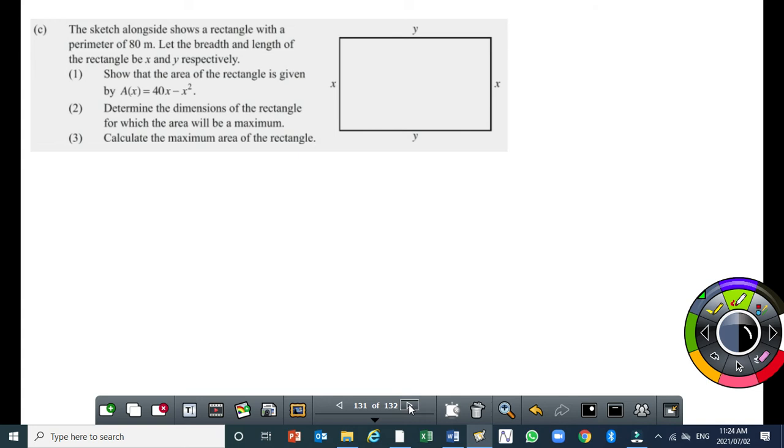All right, so let's look at this question. The question says, the sketch alongside shows a rectangle with a perimeter of 80 meters. Okay, perimeter. Do you remember what perimeter is?